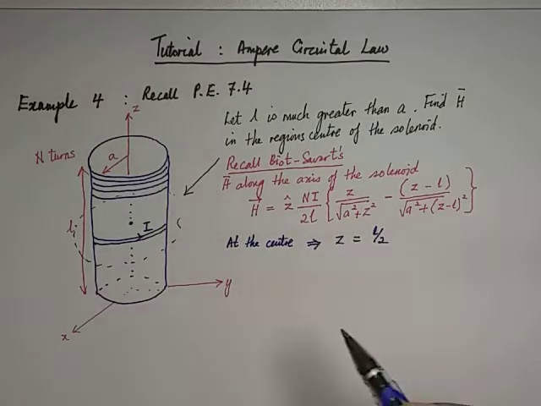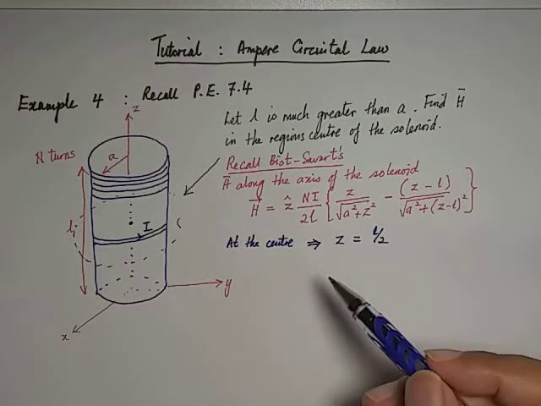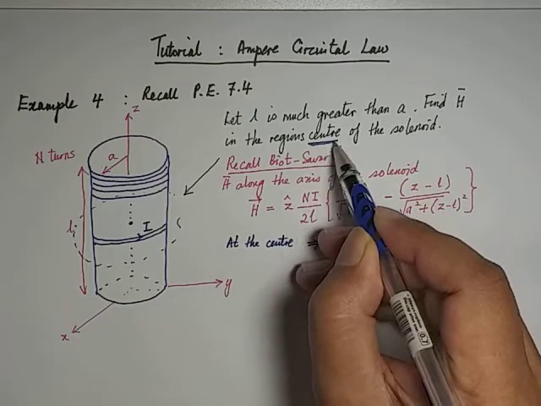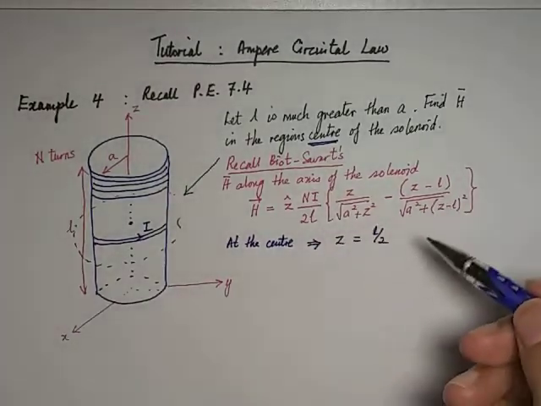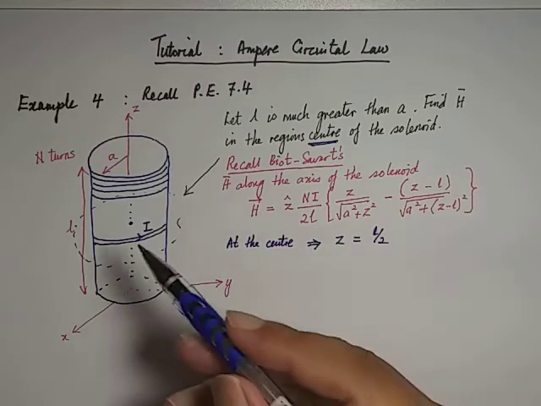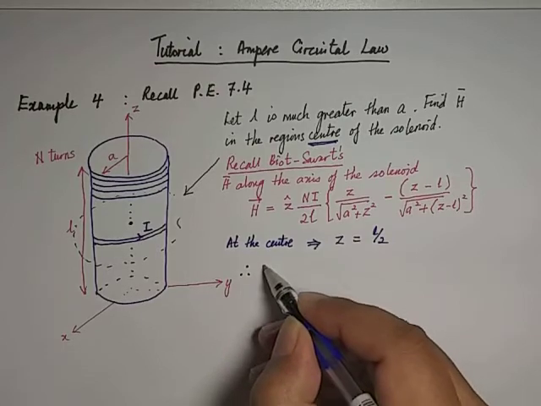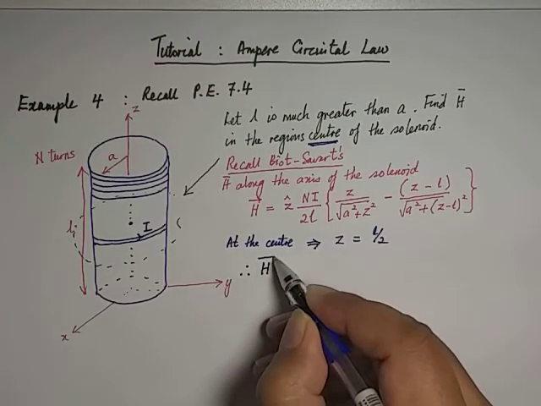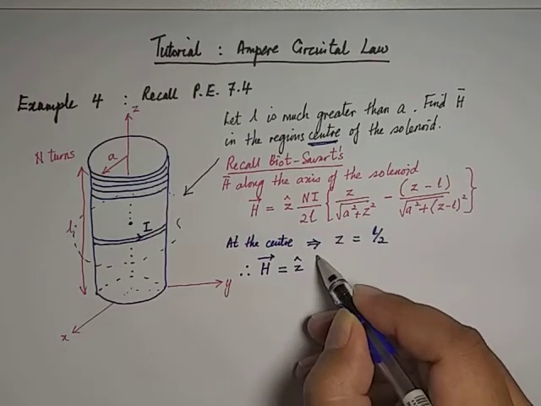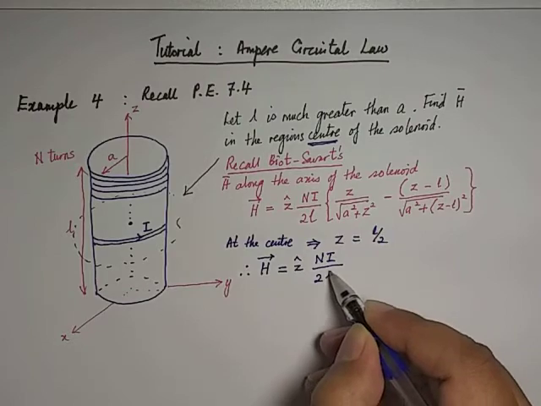We specifically adjust the general solution to be at a specific point. Why? Because the question asks us to determine H at this position. So we are adapting the general solution to the specific task by giving the z value as L over 2. So now our H will be equal to what here? You need to substitute only z, and we have NI over 2L.